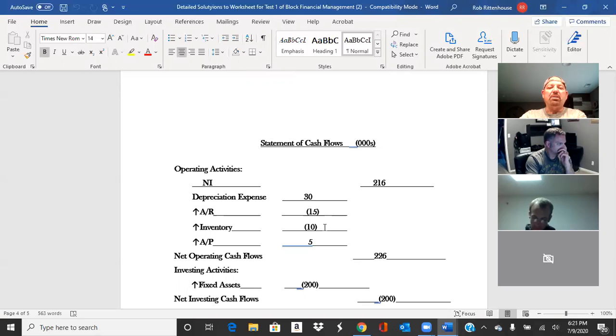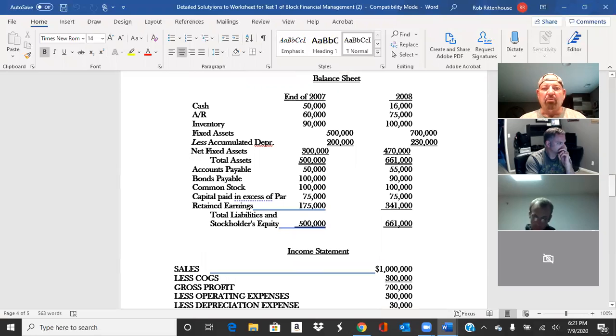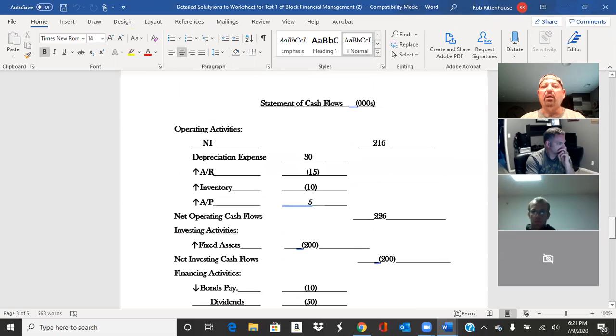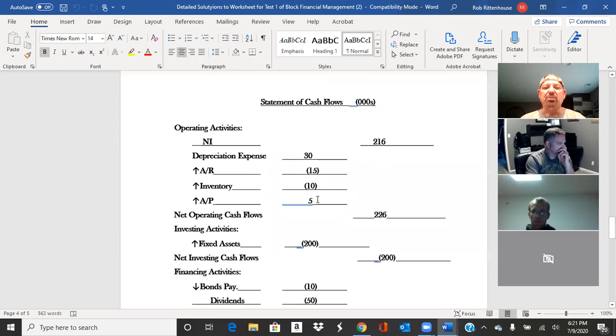Finally, we have an increase in accounts payable, which is a current liability, because that was it for current assets other than cash. So we go to current liabilities. The only one we have is accounts payable. That goes up 5,000. That's an increase in a liability, which increases cash. So it doesn't mean that we actually received $5,000 of cash because of accounts payable.